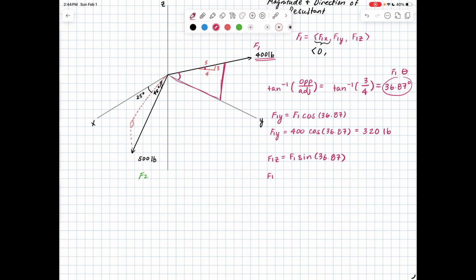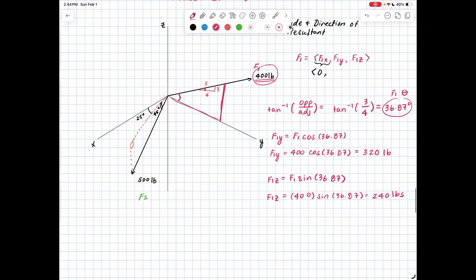Plugging into our formula, we're going to get that F1, which is 400 from here, times the sine of 36.87 equals, so let's plug in for sine, and we get 240 pounds.